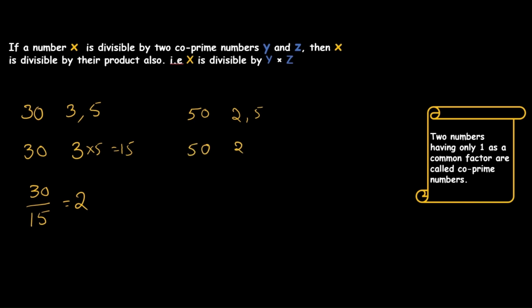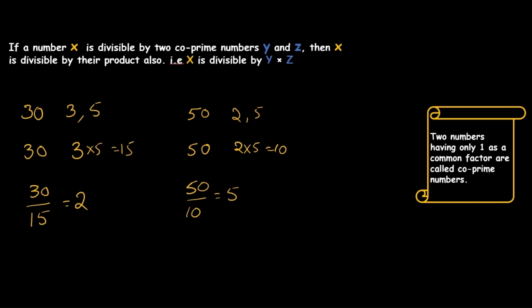Now let's see, can 50 be divided by the product of these two co-prime numbers, 2 into 5, which is 10? And 50 divided by 10 is 5 as the quotient and 0 as the remainder. So 10 can also divide 50, and 10 is the product of these two co-prime numbers.